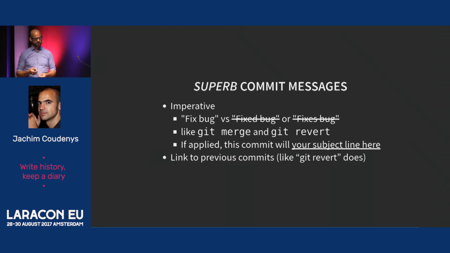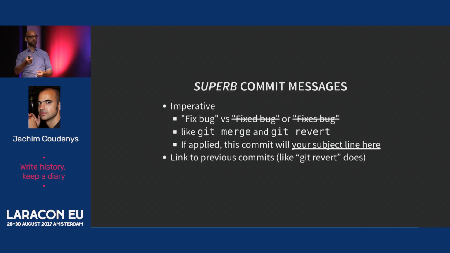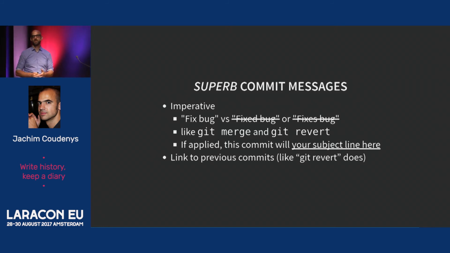And in the commit message, it's very useful to include commit IDs of previous commits. Git revert does this. If you say git revert and a commit ID, it will create a reverse diff, and it will include that this reverts the other commit. And if you're using a GUI or GitHub, you can just click on that.